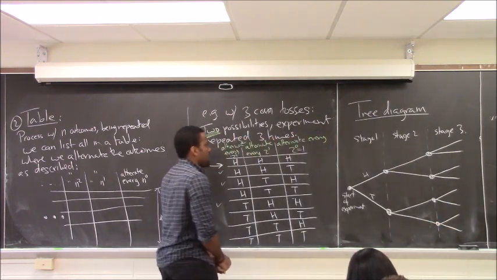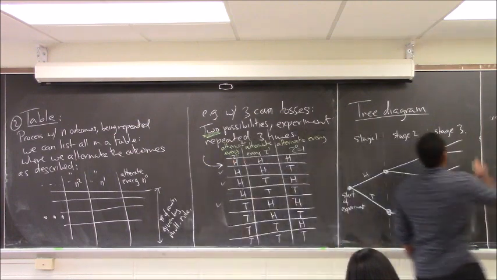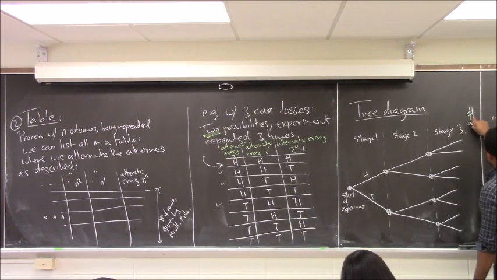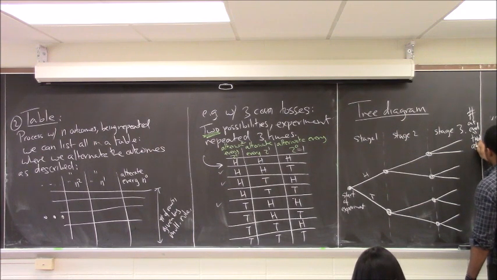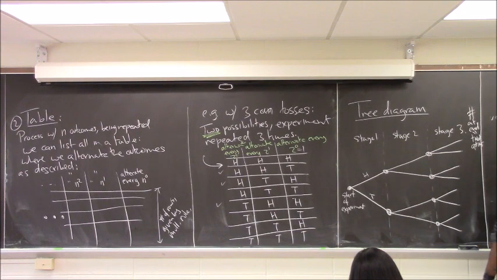And what you'll realize is that the number at the end is equal to the total options. So you'll notice that there are 1, 2, 3, 4, 5, 6, 7, 8 things at the end, which means there are 8 total possible outcomes for this thing just by counting on that tree.